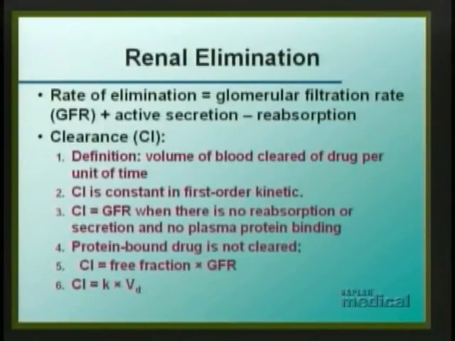The parameter that is much more relevant to use and much more conventional to use to look at elimination is the parameter of clearance. By definition, a clearance is a volume per time. You remember, for instance, we talk about renal clearance of inulin in Physiopath as being about 120 mL per minute.